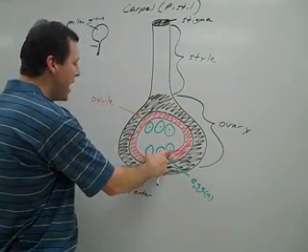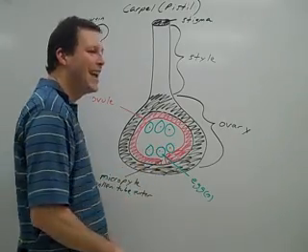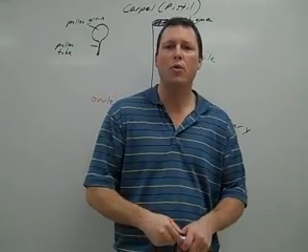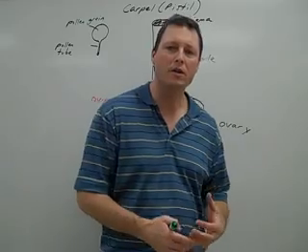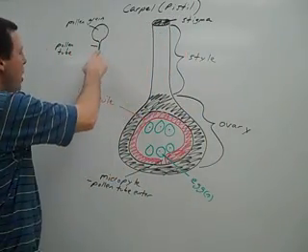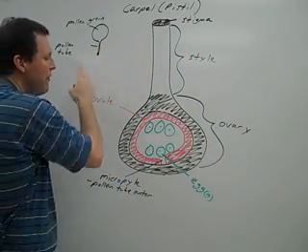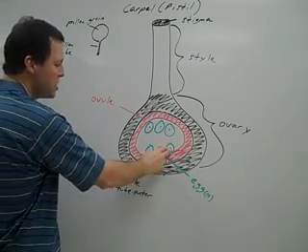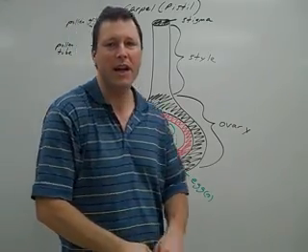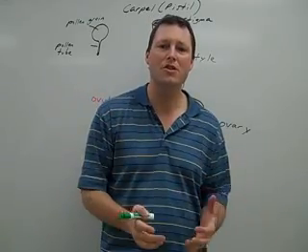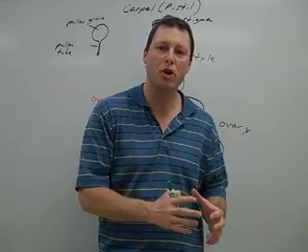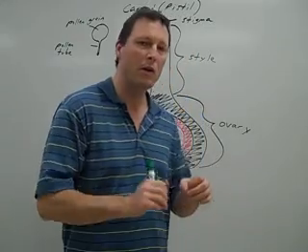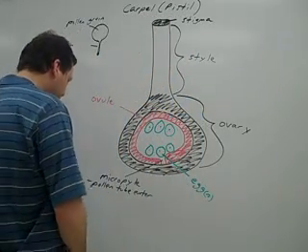But these cells actually produce chemicals and actually create a concentration gradient. And the pollen tube is actually going to follow that concentration gradient right to the egg. So these synergids are very important. They produce that concentration gradient that allows the pollen tube to deliver those sperm right to the correct location.